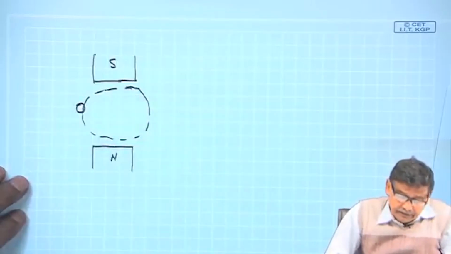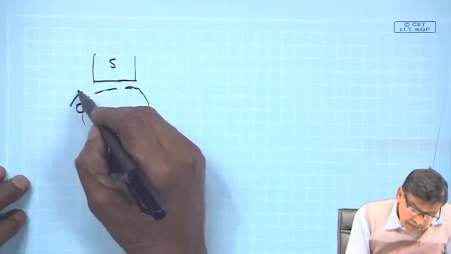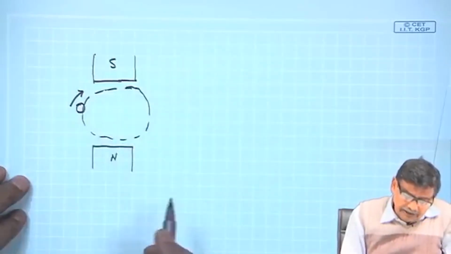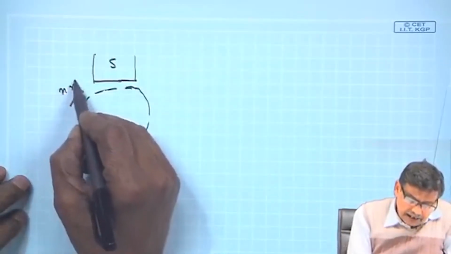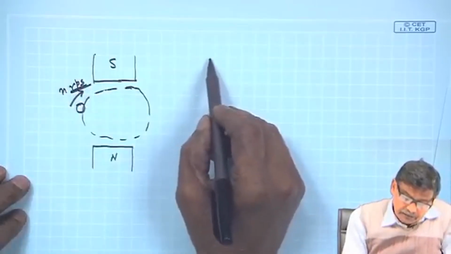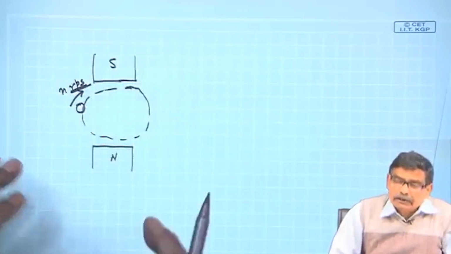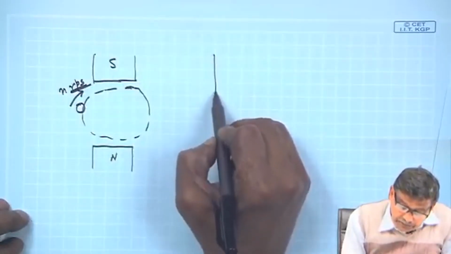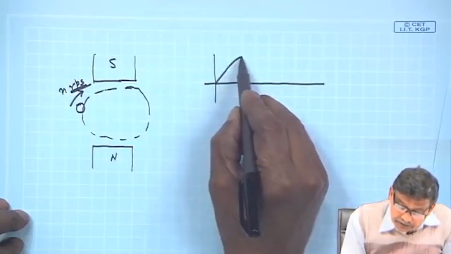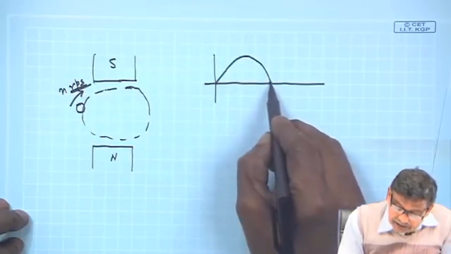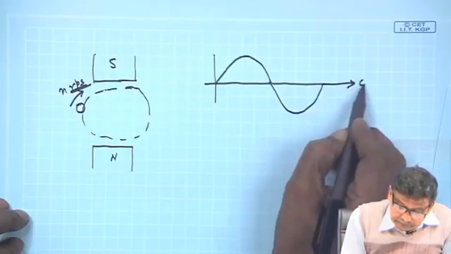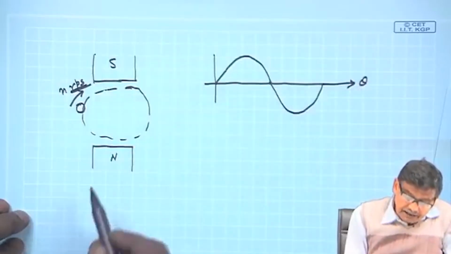Let us try to understand, and it is moving with some angular speed or velocity, okay. Suppose it is moving with a speed n rps, and the B distribution we know it will be whatever is the B distribution. Suppose the B distribution is like this, fundamental component of B distribution along this angle theta, where from I am measuring the angle theta.